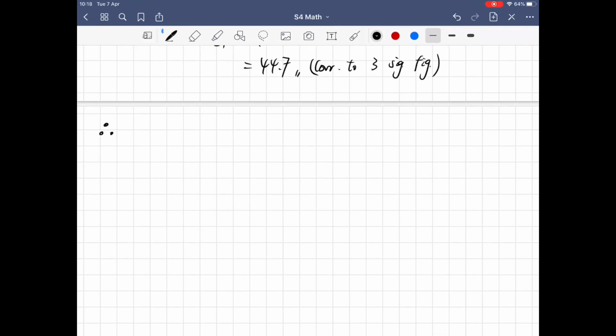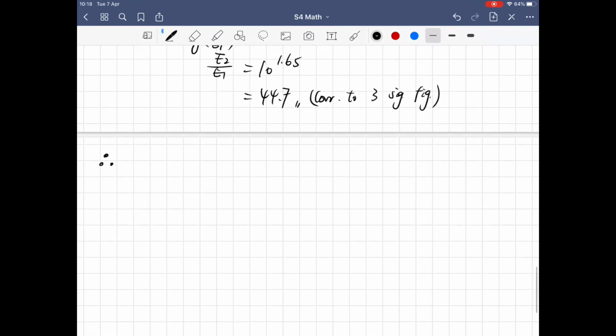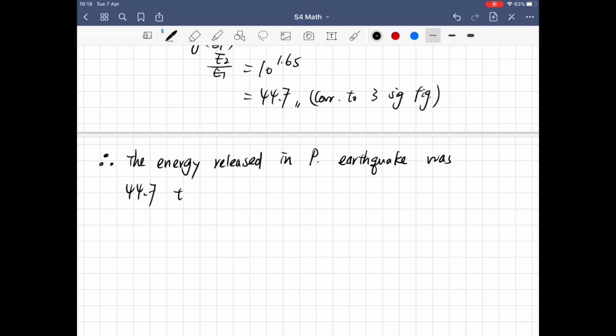That means the ratio of E2 over E1 equals 44.7. That means the energy released in the Pacific Coast earthquake was 44.7 times that in the Eastern earthquake.